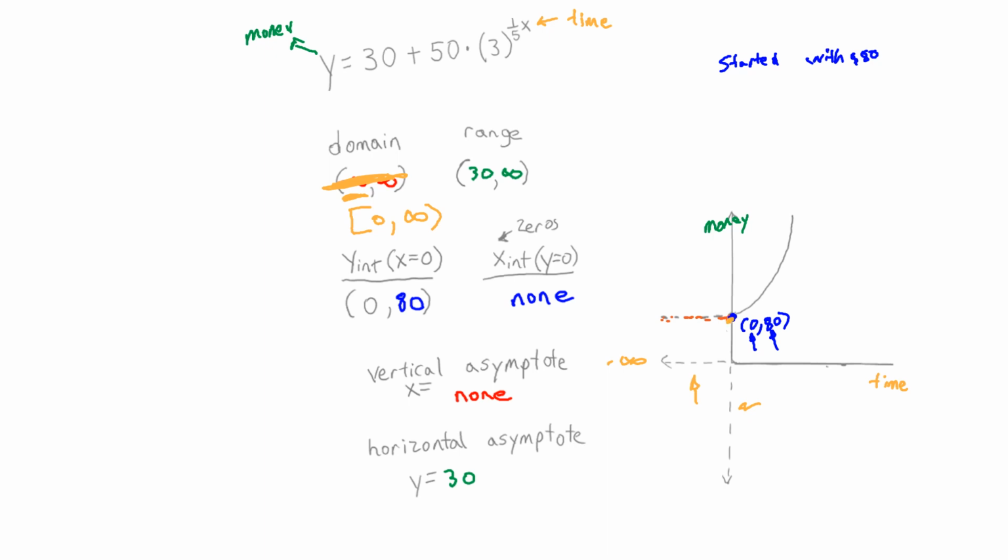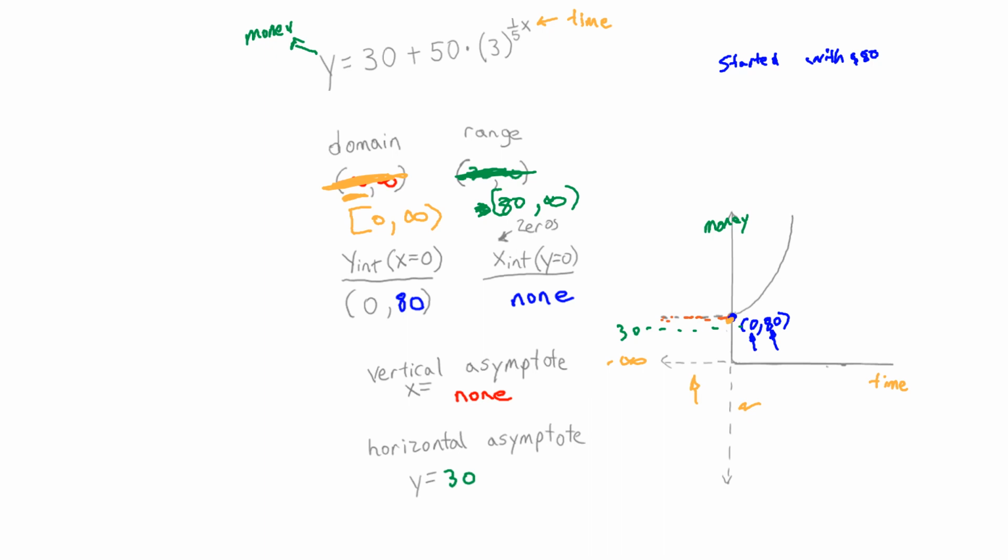So what that means is that, again, 30 would have been our asymptote, but we're not going to get anywhere near that. We're starting at 0. So our actual range in this problem would be from 80, because that's the smallest y value that we have, continuing on to infinity.